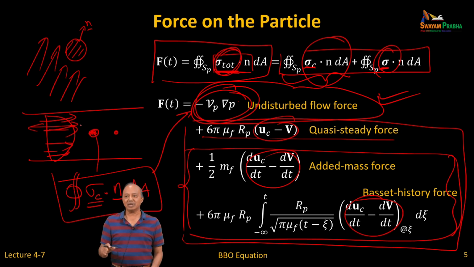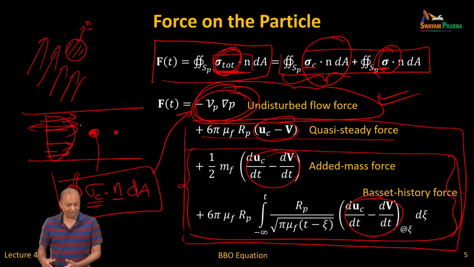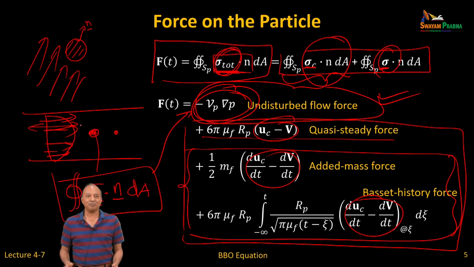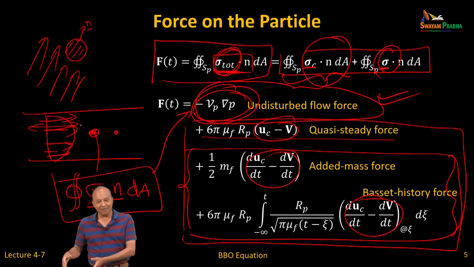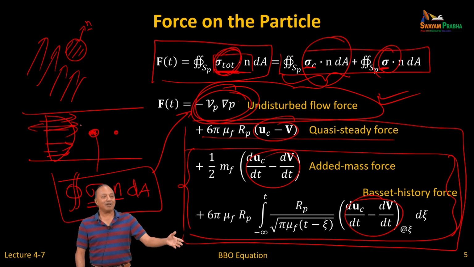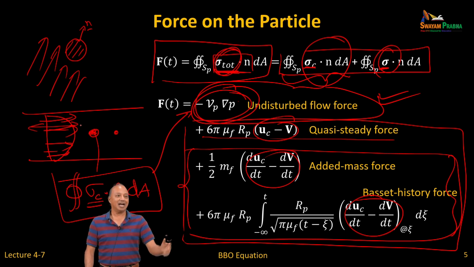If you are moving at constant velocity and I am not supposed to be moving, but if I move, you will see that the particle is not stationary from my perspective. From a lab frame, it is stationary, but if an observer is moving, the particle is moving, but the fluid velocity also correspondingly changes. The difference in velocity is not changing, it is observer independent. So that's the important thing.